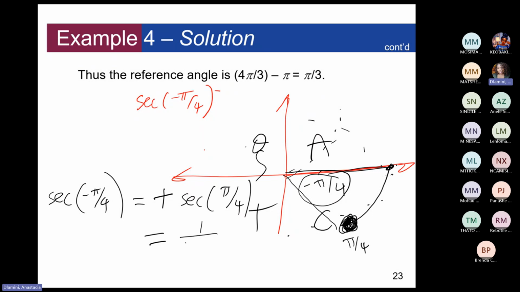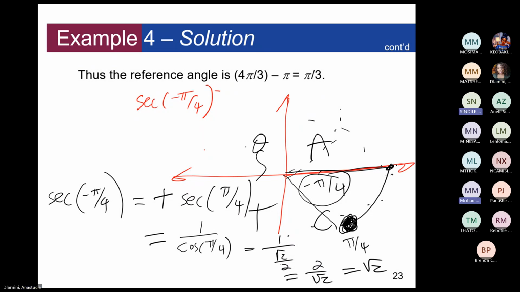We know sec is 1 over cos of pi over 4, and cos is root 2 over 2. So this is 1 over root 2 over 2, which equals 2 over root 2, which is the same as root 2. I hope we are all together in this.